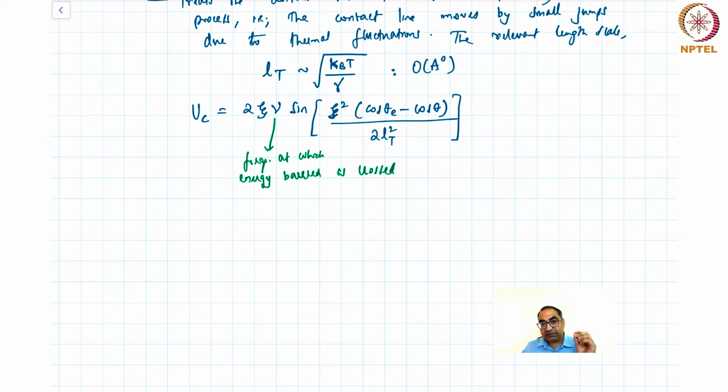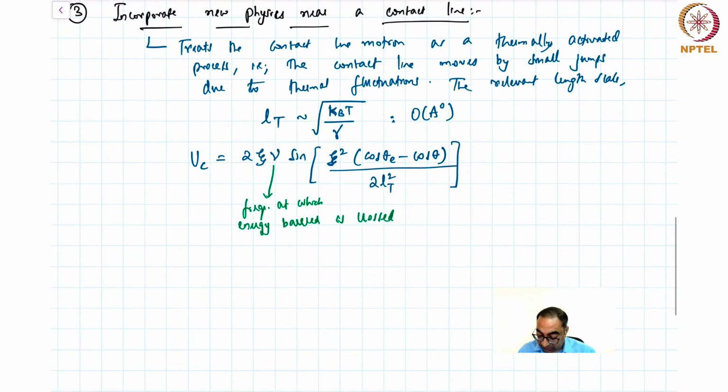So you have very, very large numbers of such energy barriers crossed, which results in tiny microscopic motion. But if you average it over a finite time, then you see a macroscopic motion, because there are very, very tiny fluctuations, but innumerable numbers of them. That's the idea. So there is an energy barrier that has to be crossed, and I won't go into too many details about this model, but it was first published in 1969 by Blake and Haynes.